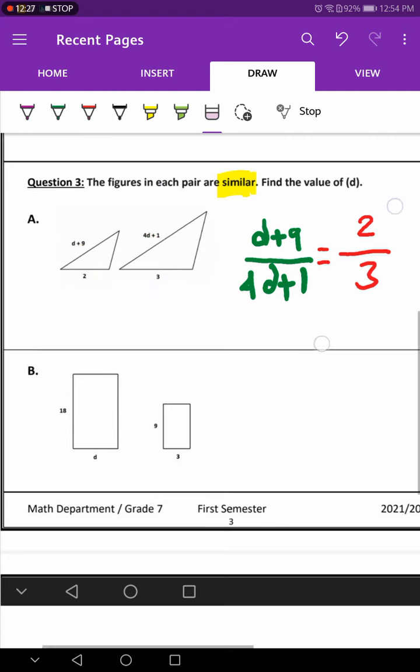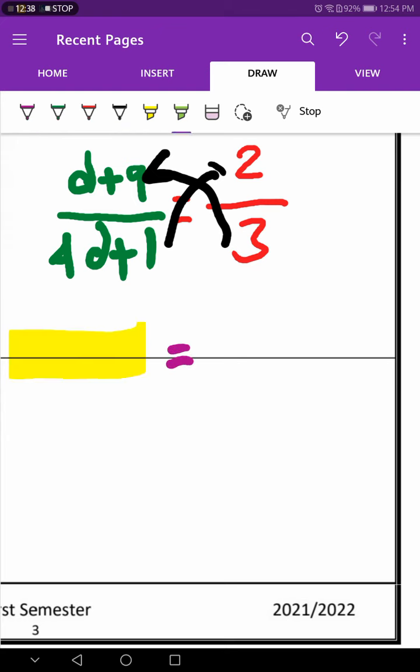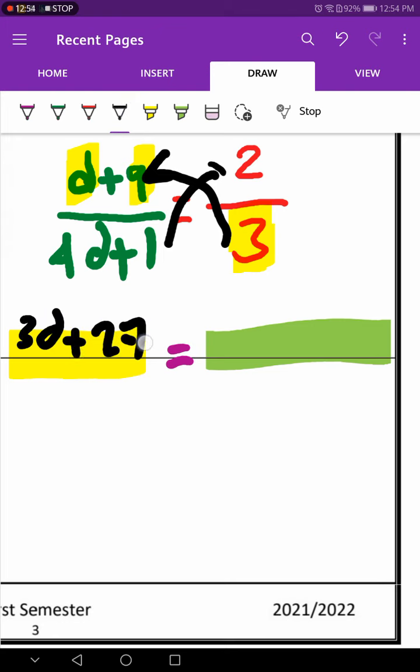Now, how do we solve this proportion? All my students know that we do the cross multiplication. Now, this is the left side and this is the right side. So I will multiply 3 by D and 3 by 9. It is equal, yes, great, 3D plus 27. And I will multiply 2 by 4D and 2 by 1.